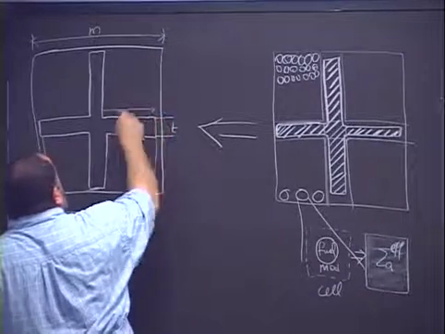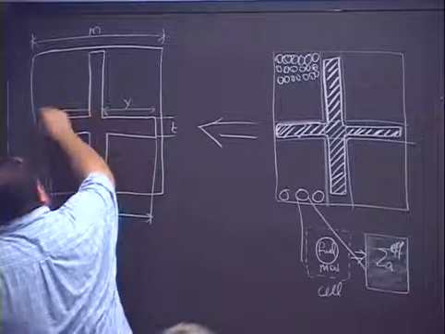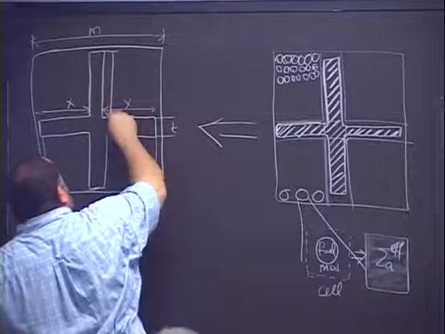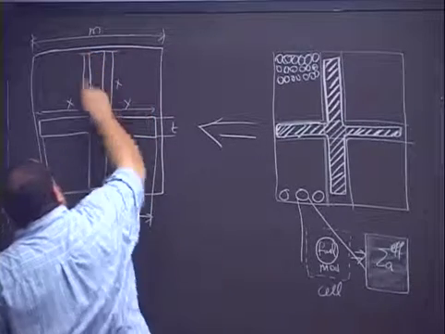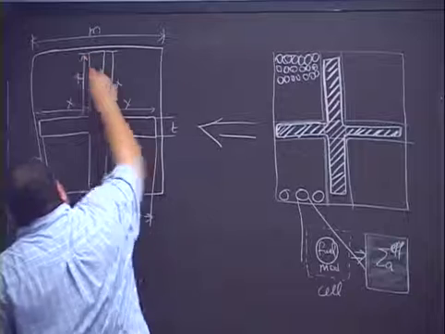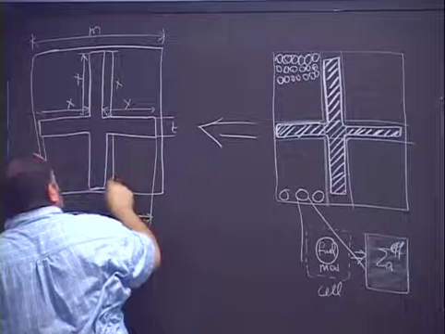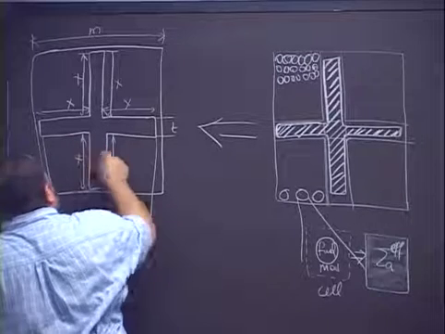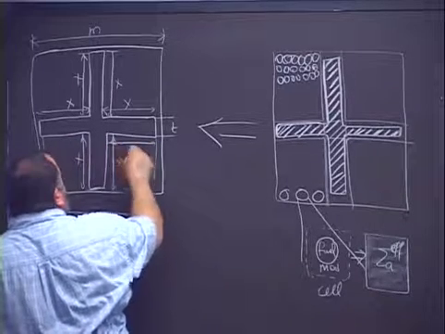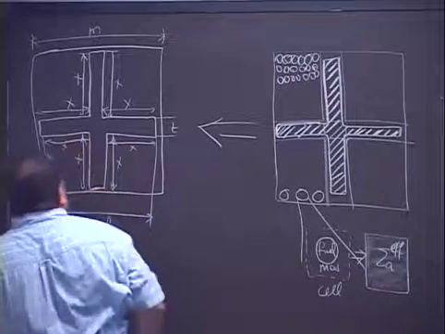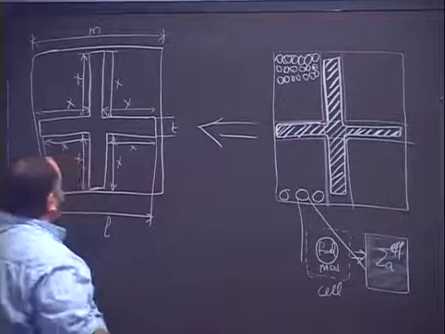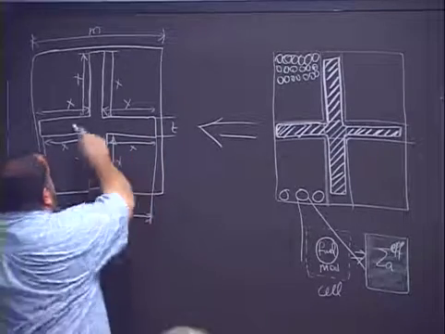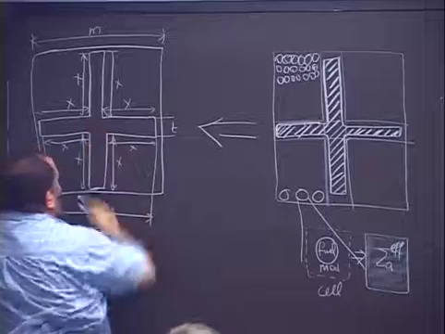Let's assume that this is X. So this will also be X, and this will also be X, and this is X, here this is again X, and this is X, and this is X. So you will notice that this is L, and you will notice that L is just 2x plus 2t.